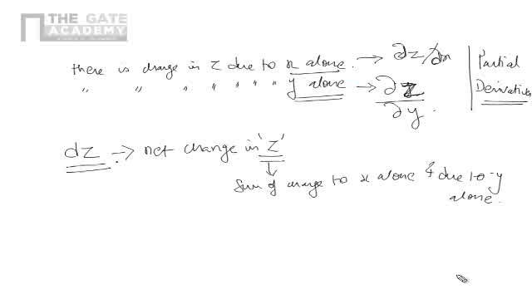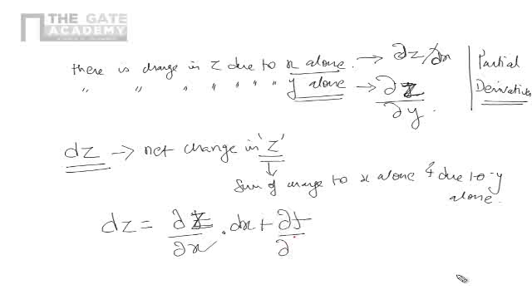So dz is nothing but dou z by dou x times dx plus dou z by dou y times dy. This is the change due to y, and this is the change in y. This is the change due to x, and this is the change in x itself.